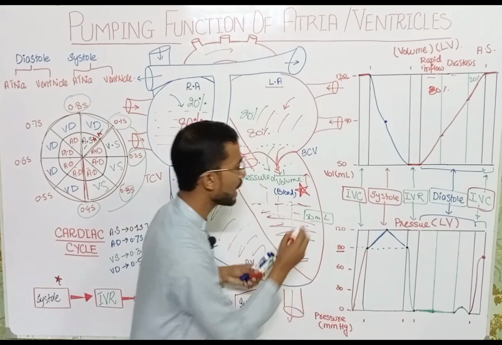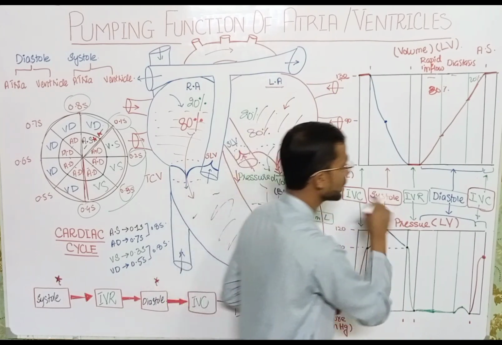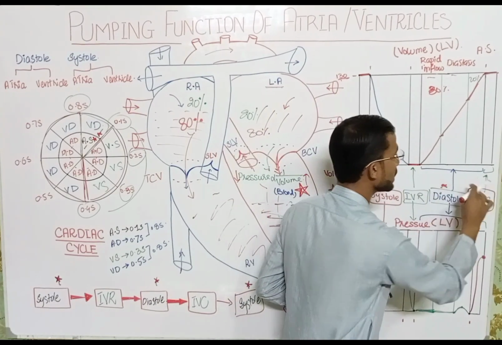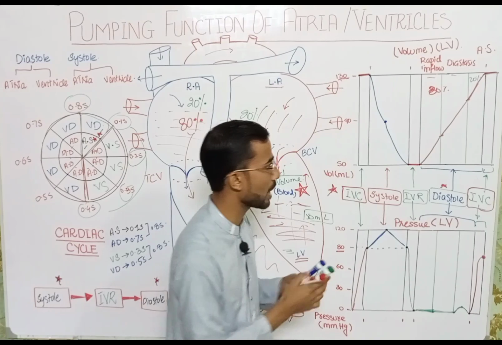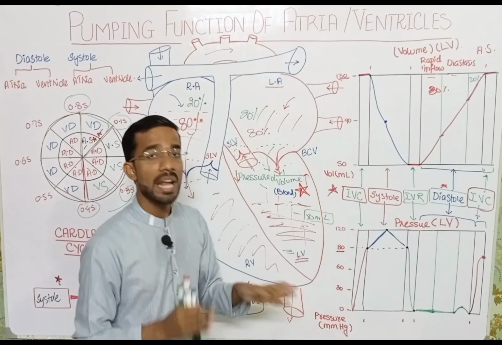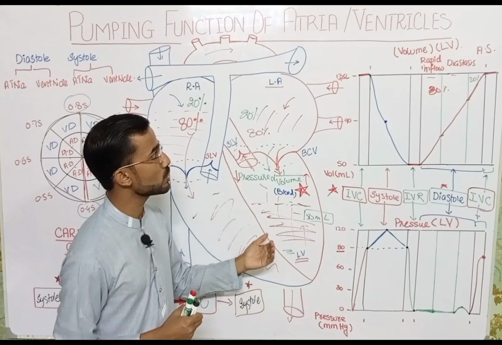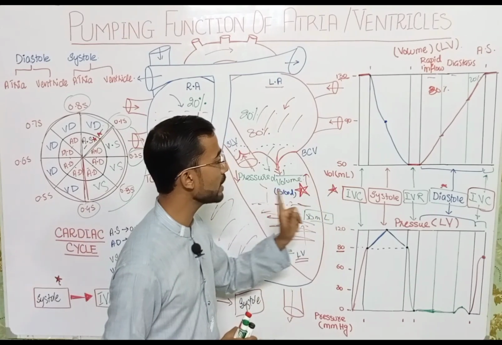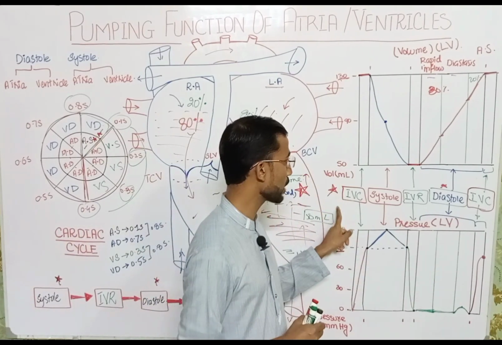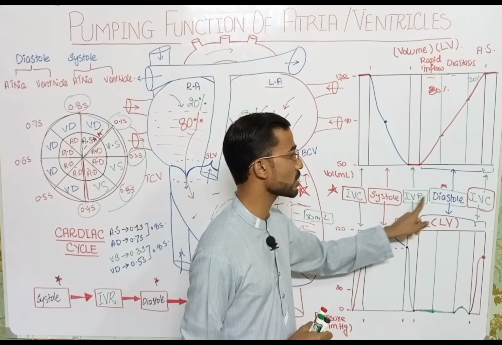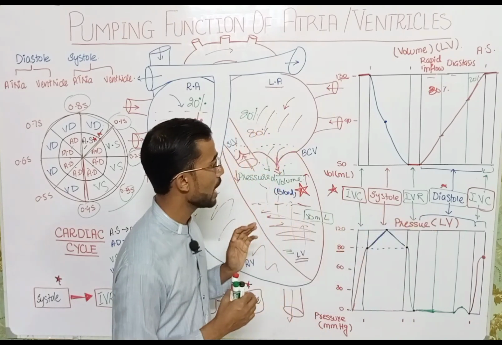So this is the starting point and this is the ending point, and another cardiac cycle starts from here. So this is the left ventricle pressure and volume changes. First of all, we discussed the isovolumic contraction, systole, isovolumic relaxation, diastole. So this is the case.